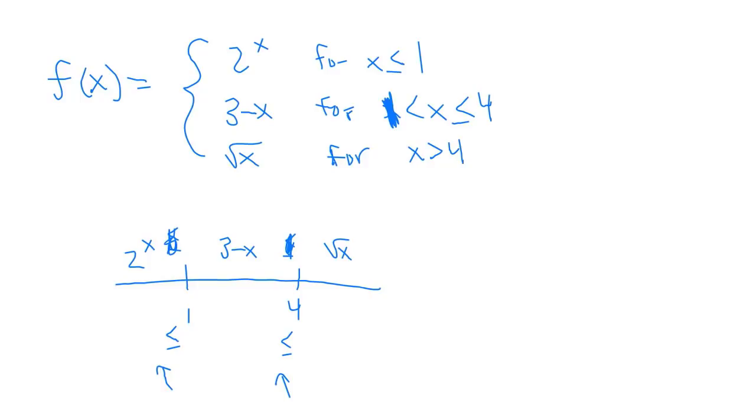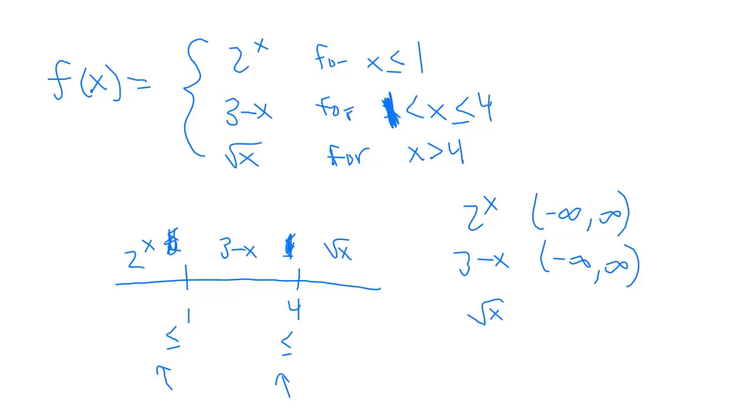And then what you do is you first check the continuity of the overall functions. So 2 to the x is continuous for all x. And 3 minus x is also continuous for all x.